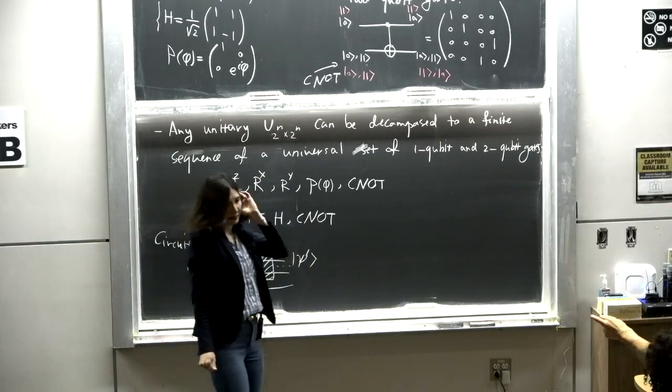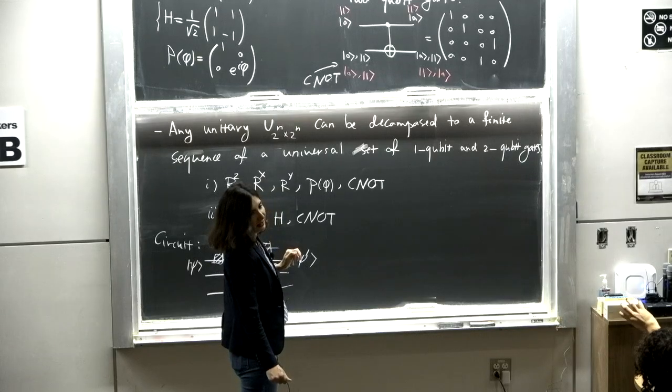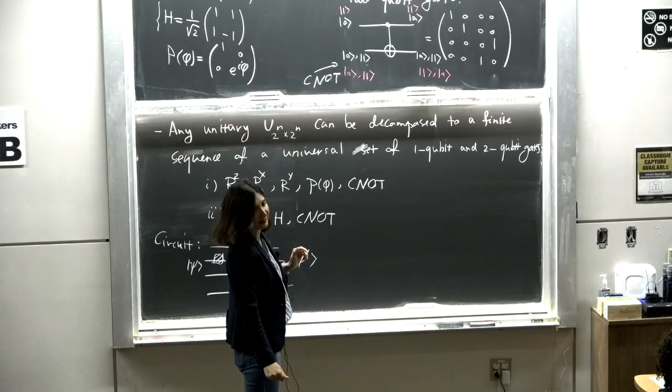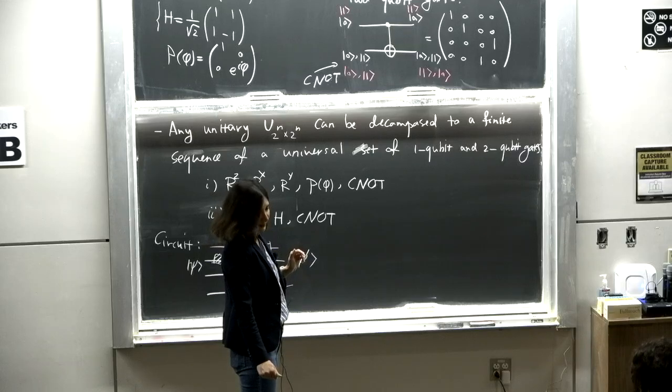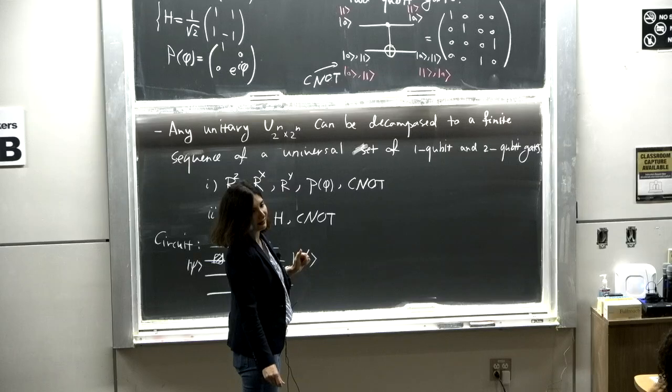Yes? I just wanted to clarify something about the theorem you wrote, which I think you didn't actually write into the theorem, but I think you said something like, if you have some universal gate set, you can always achieve a desired unitary within accuracy epsilon using polynomial complexity. Exactly. I think this is not true. I think generically it takes exponentially many gates, but it's just a minor thing.